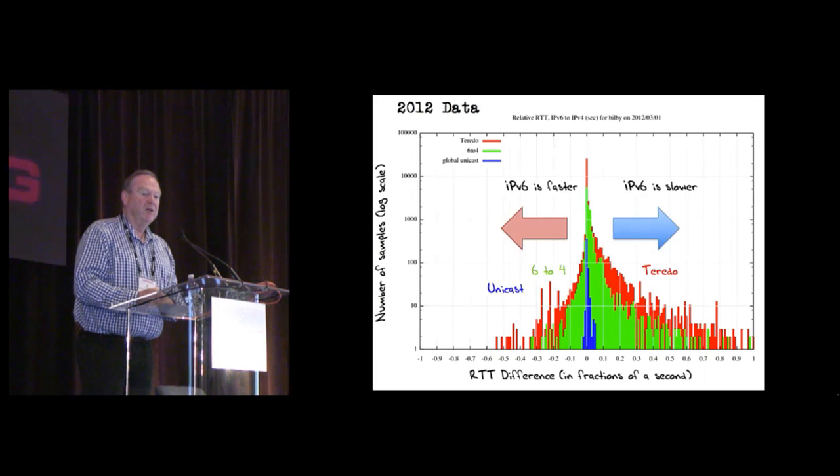What was going on was that particularly in Teredo, red, and in 6-4, green, and even in unicast V6, most of the measurements were pointing to the fact that V6 had longer RTTs than V4. Why? Most of you are tunneling, and tunnels are bad. Tunnels invoke loud delay, tunnels invoke MTU problems.